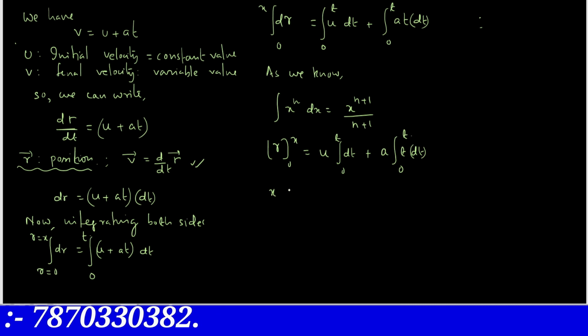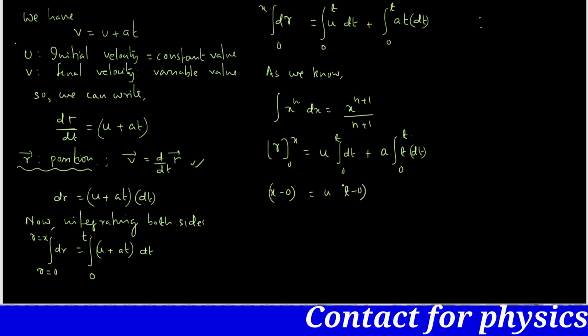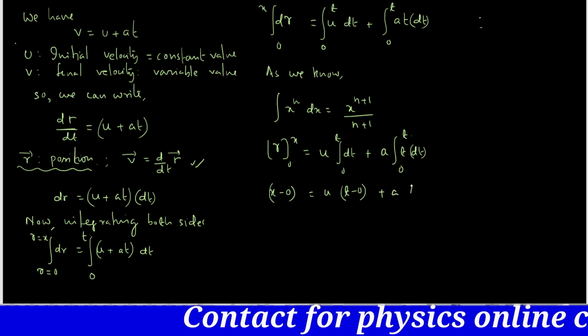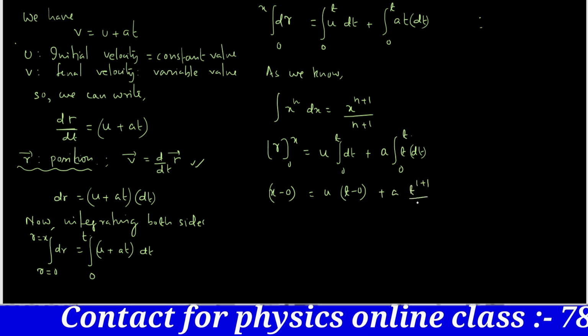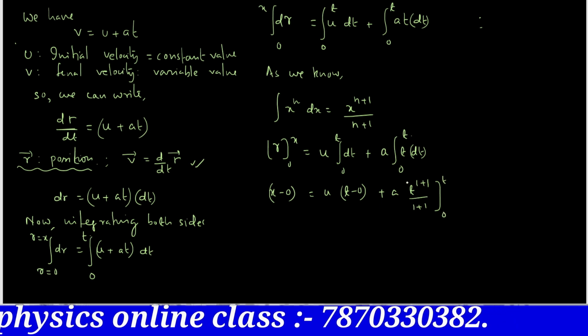So this will be x minus 0, and this will be t minus 0, and here this will be t to the power 1 plus 1 by 1 plus 1, so t squared over 2.